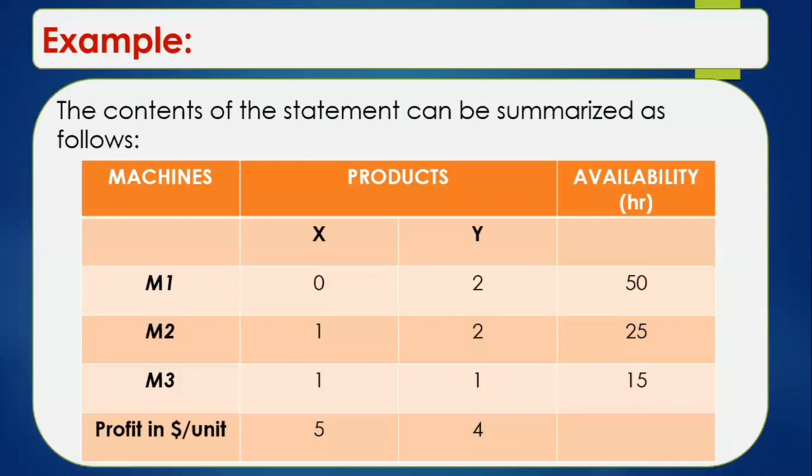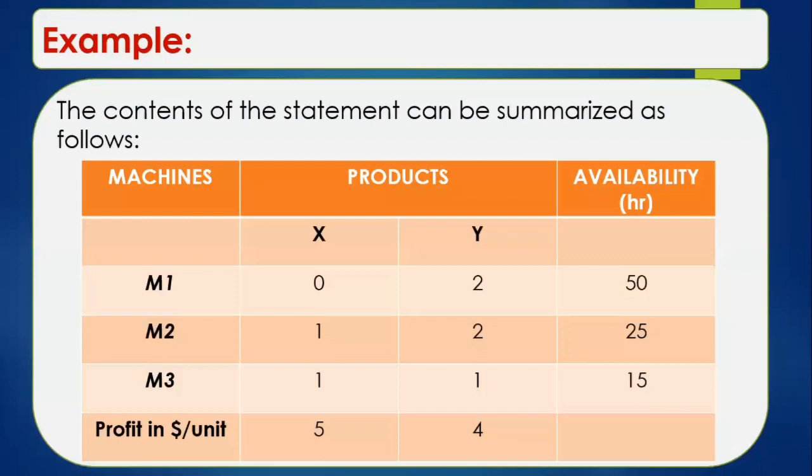And also, you have 2 different products, product X and product Y, and the availability of your machines as well. Availability meaning these are the capacities of your 3 different machines. So for machine 1, you have 50 hours, machine 2, 25, and machine 3, you have 15 hours. Now, with respect to product X, remember that your product X does not need machine 1.